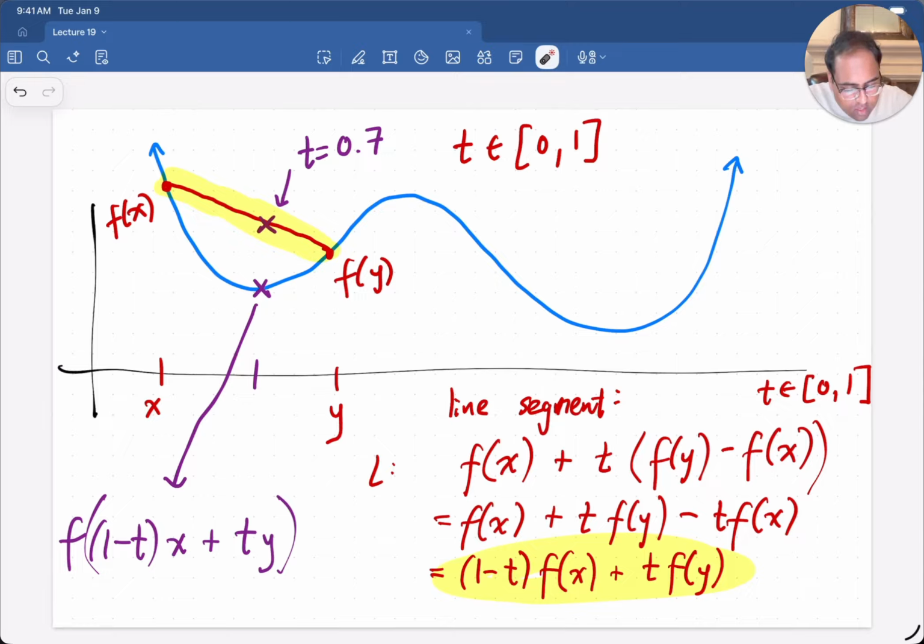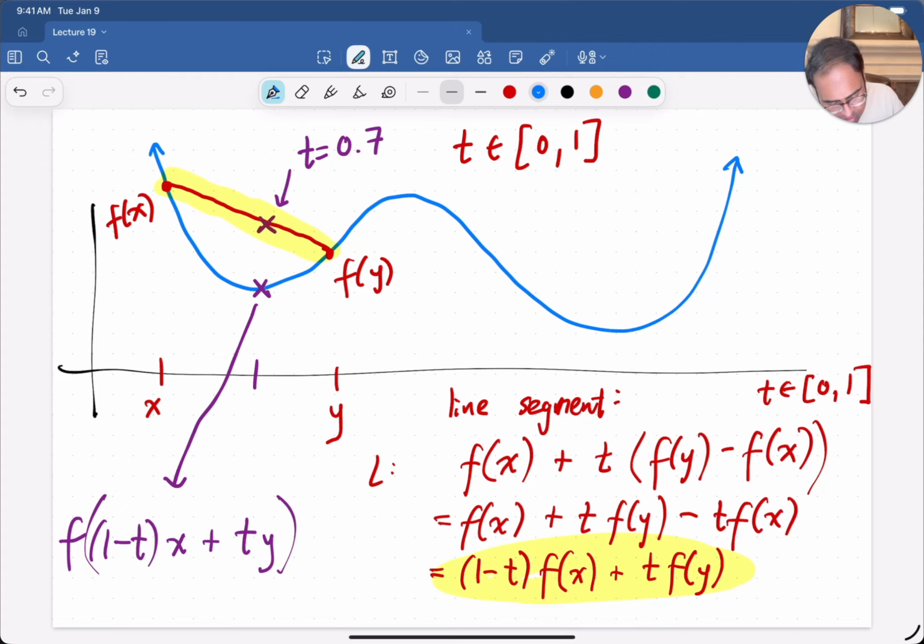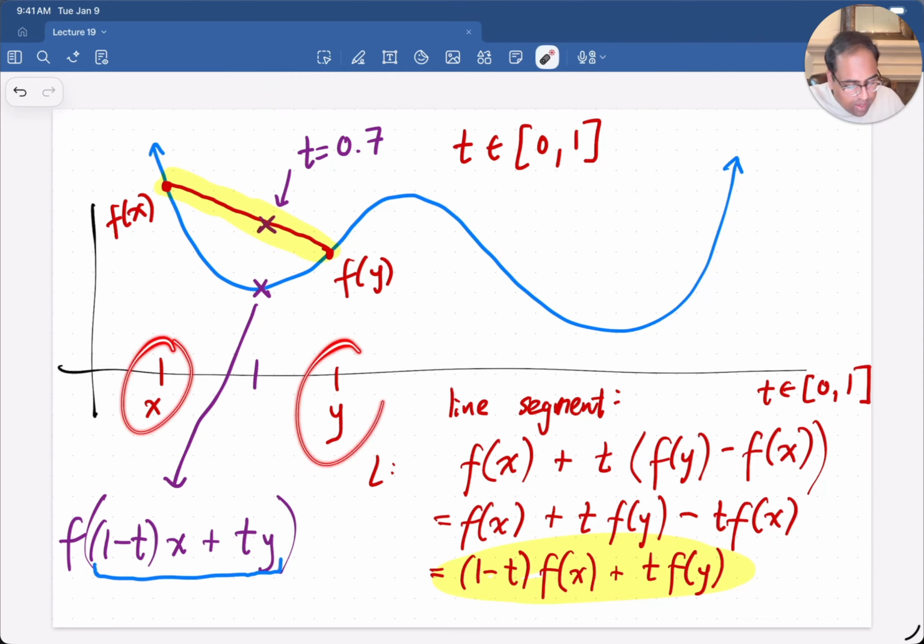Right here, this segment, which is described by this expression, sweeps from f of x to f of y gradually as t goes from 0 to 1. Similarly, if you look at just the piece within here, the (1 minus t)x plus ty, that sweeps similarly from x to y. All I did was replace f of x and f of y with just x and y here.